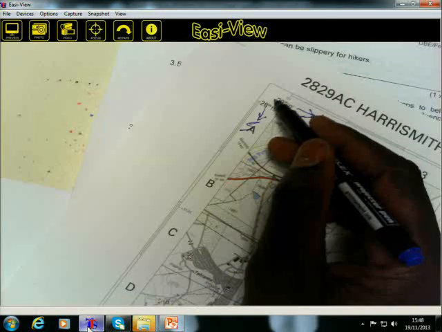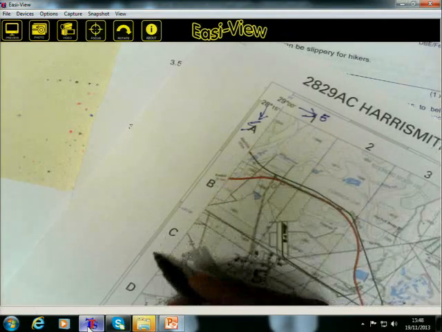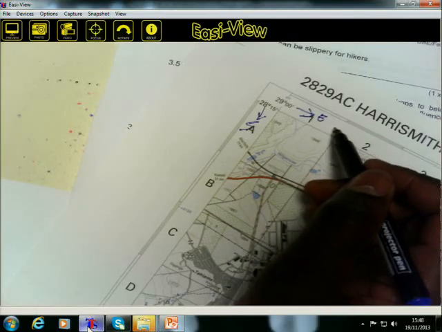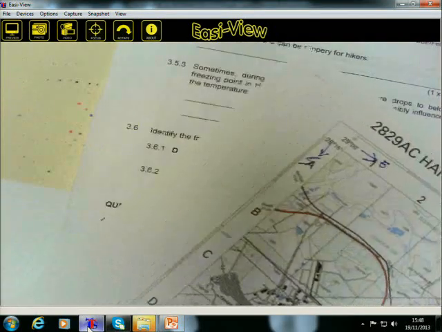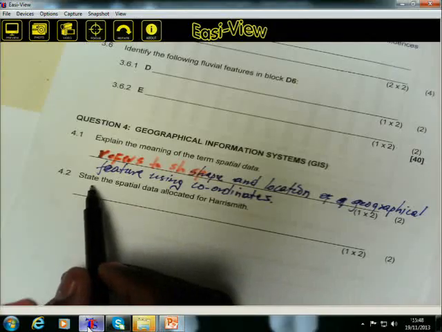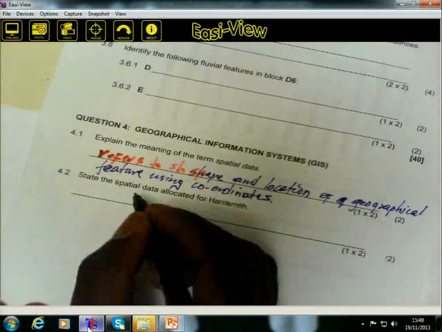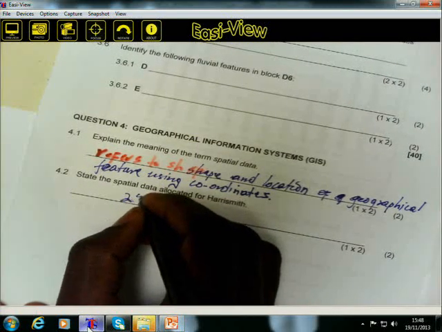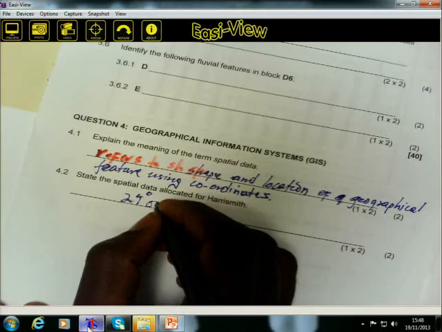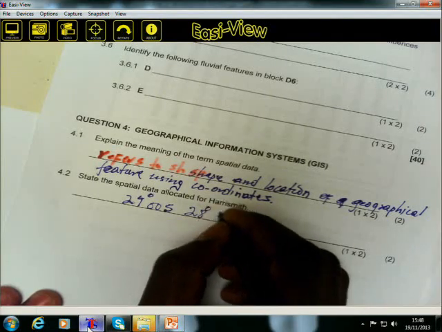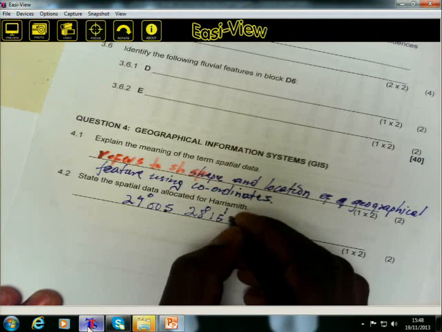That will confirm that your line of 28 degrees 15 minutes is moving southwards, and the line of 29 degrees is moving eastwards. When they use GIS, one will state that the spatial data allocation for Harrismith is 29 degrees 00 minutes south and 28 degrees 15 minutes east.